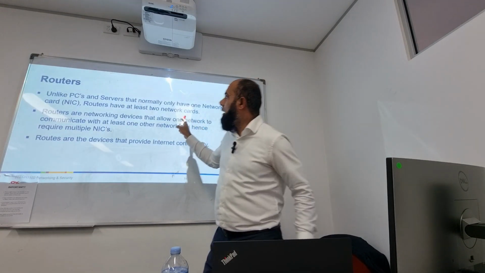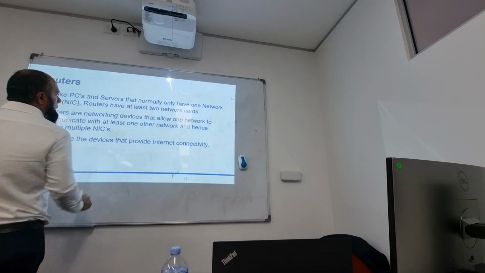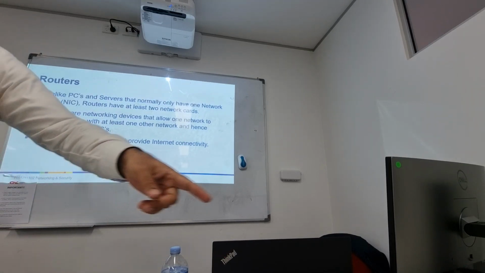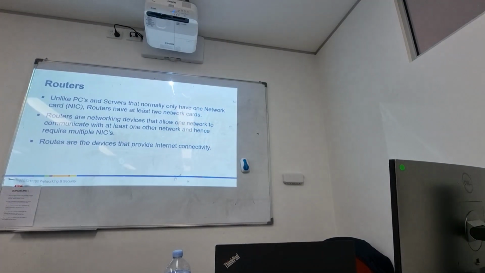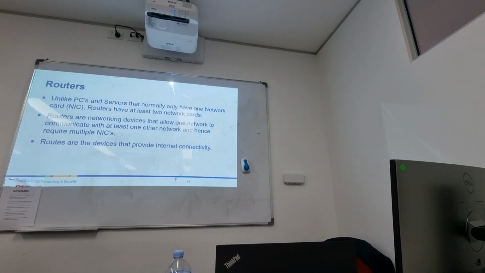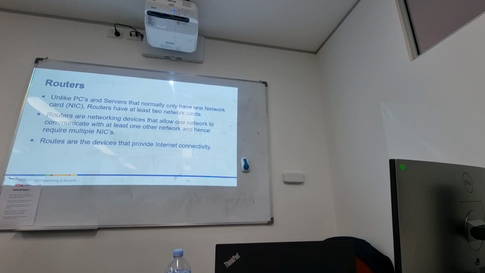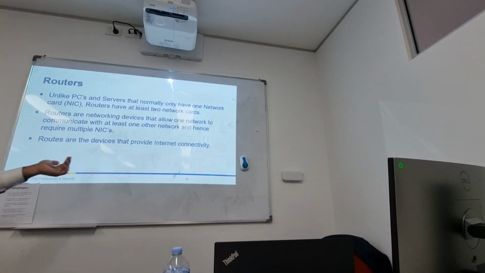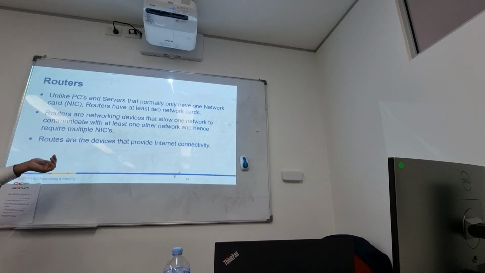Routers, unlike PCs and servers, do not have only one network interface card. A network interface card is the thing which is connected. For example, right now this thing in there, that's the interface where you connect to the internet. Our laptops, our Wi-Fi devices, have a network interface card which actually does that job for us.